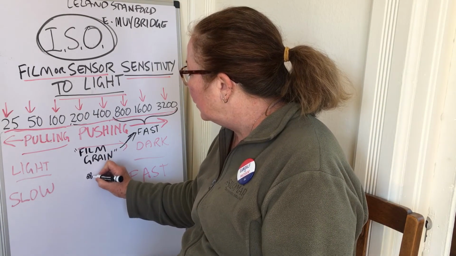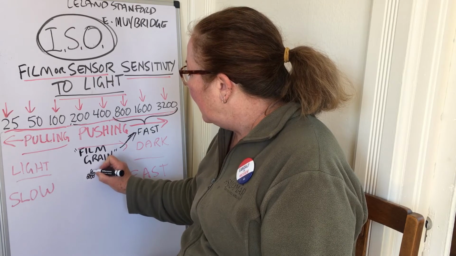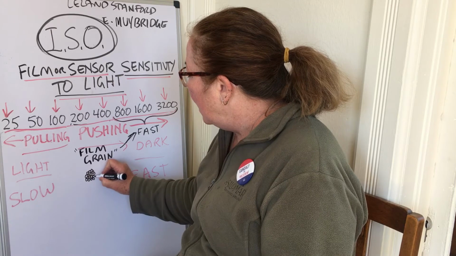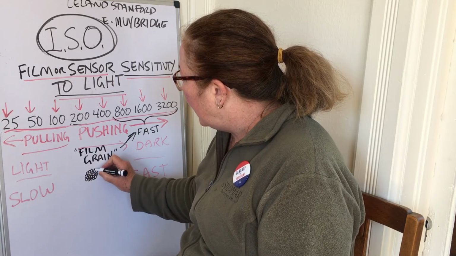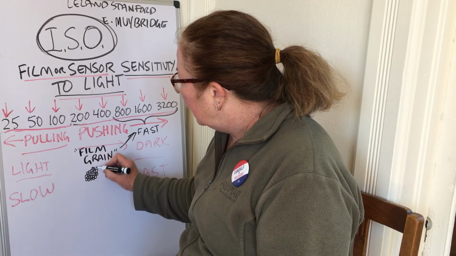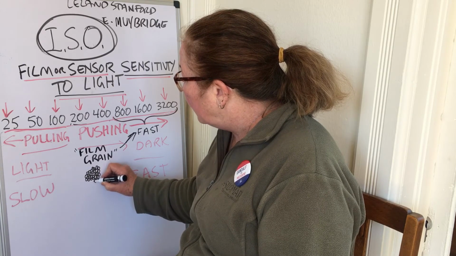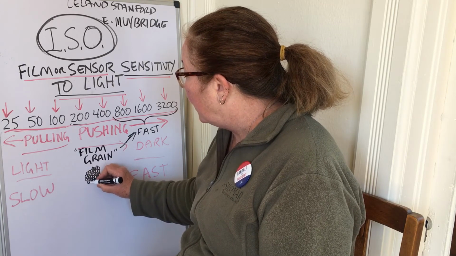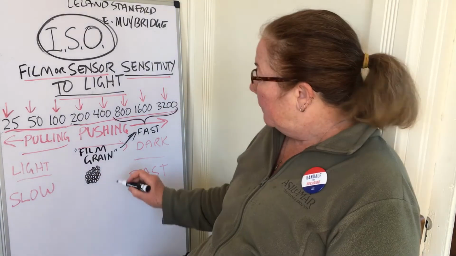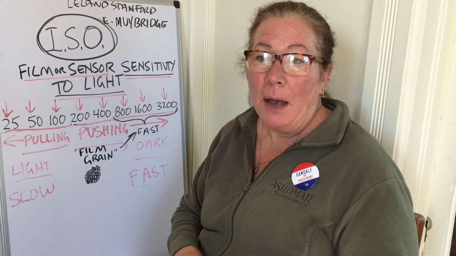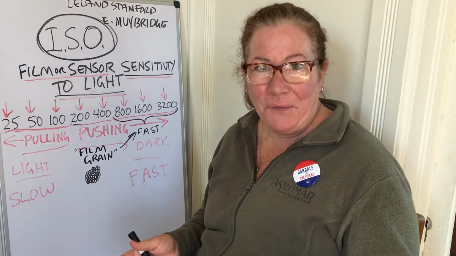In digital we see pixelation, but in film photography, when you're using your ISO, you'll notice that the image will seem a little grainy. That's an actual effect that you can put on your photograph. Some people really like it, and it's kind of fun.